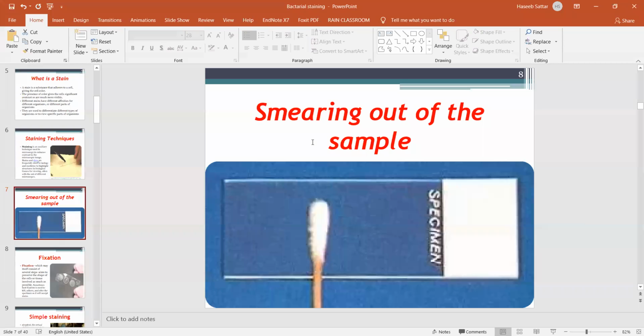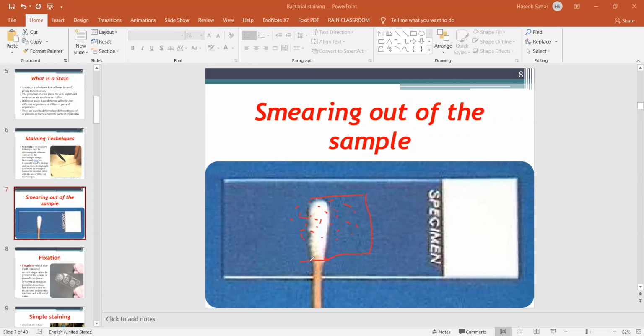For example, if bacterial cells are present here, and we have already made a smear, we need to add the dye drop by drop. The dye is a liquid. So when I put dye on this glass slide, what will happen?